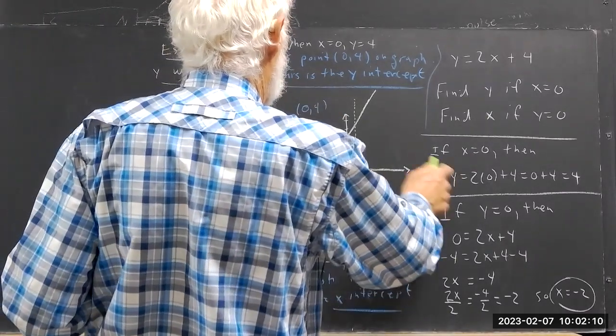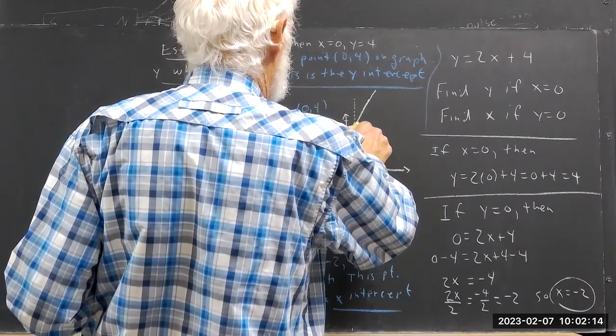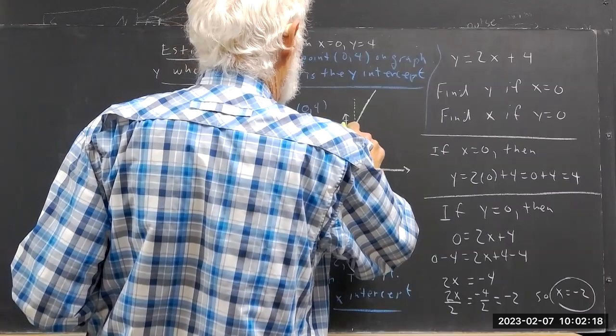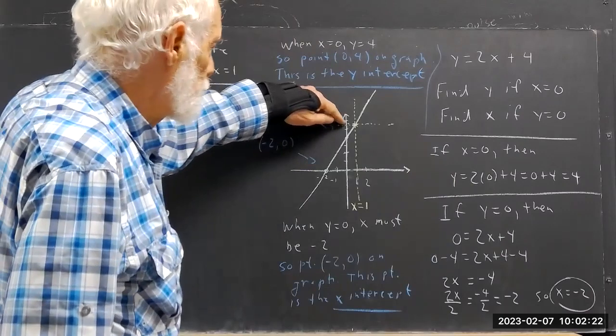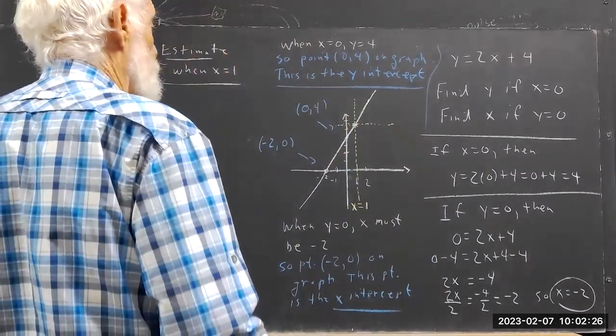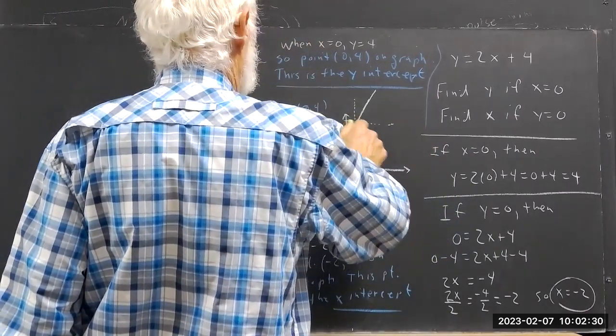Then we can do a horizontal projection. Here's the point on the graph where x equals 1. And now we draw a horizontal line here and we estimate what the y value is. So this looks like it's about y equals, I mean, there's 4, there's 5, there's 6.